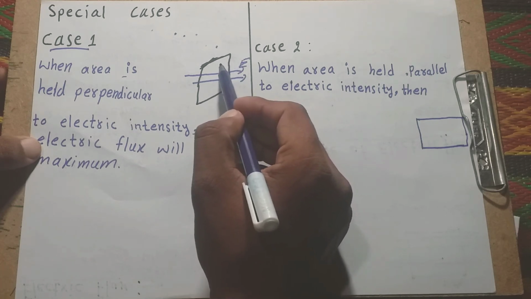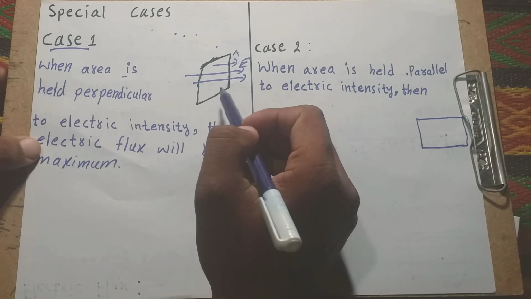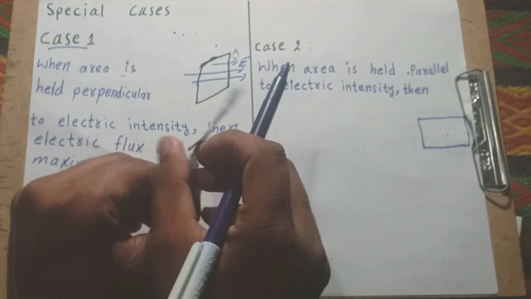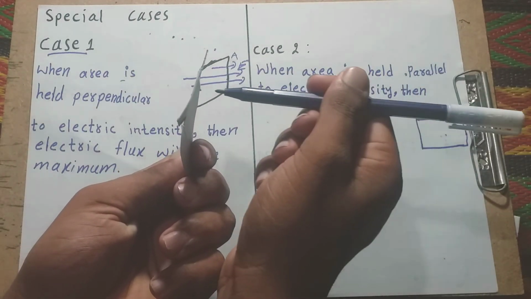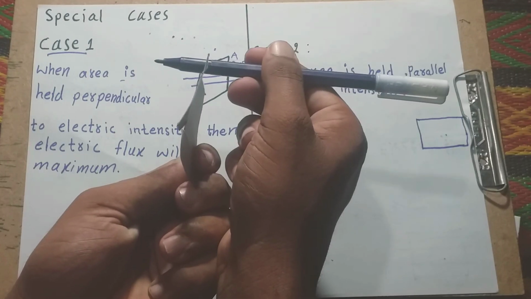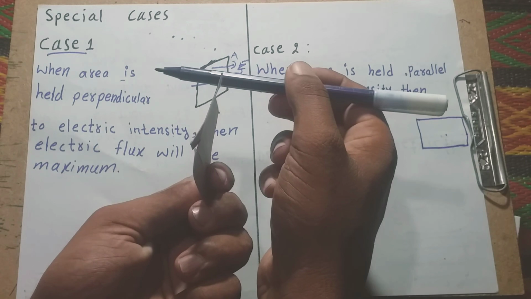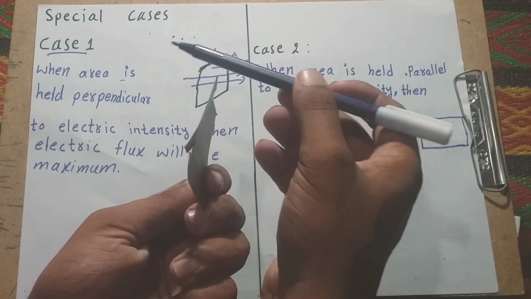The lines pass through the area, and the area is perpendicular.